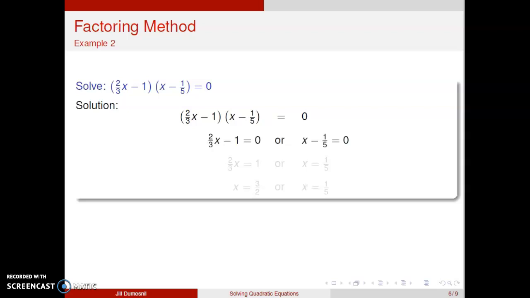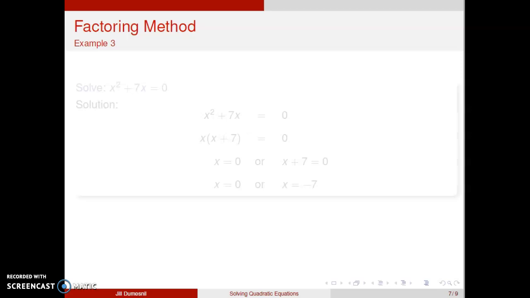We set each factor equal to 0 and solve the resulting linear equations. We add 1 to both sides of the first equation and add 1/5 to both sides of the second equation. Finally, we multiply both sides of the first equation by 3/2, and we get that x equals 3/2 or x equals 1/5.